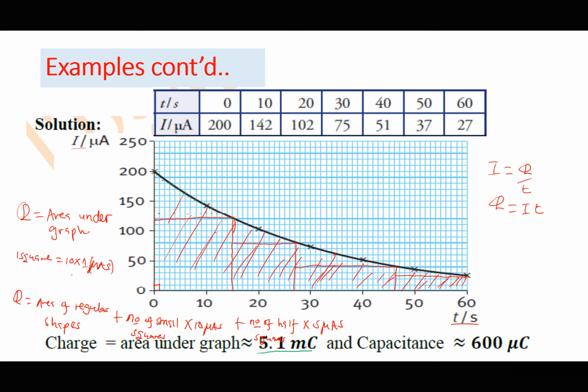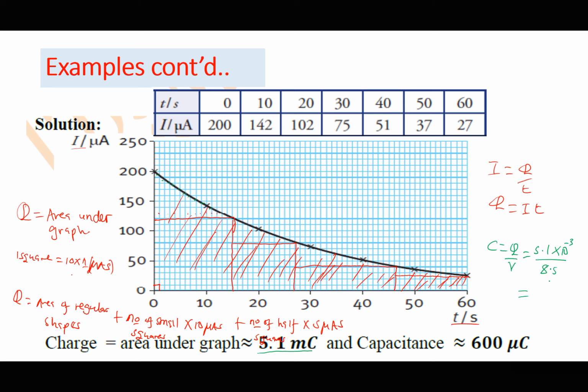And if the charge is approximately 5.1 millicoulombs, remember capacitance is equal to charge divided by V. So this was 5.1 millicoulombs, that is times 10 to the power of minus 3, divided by V. I think V was given as 8.5. So when I press my calculator, 5.1 exponent minus 3 divided by 8.5.